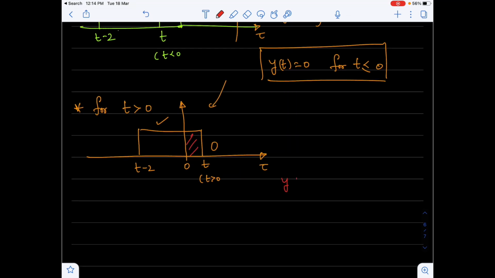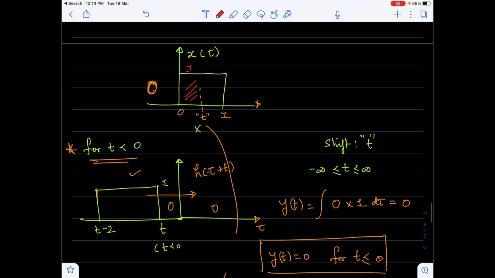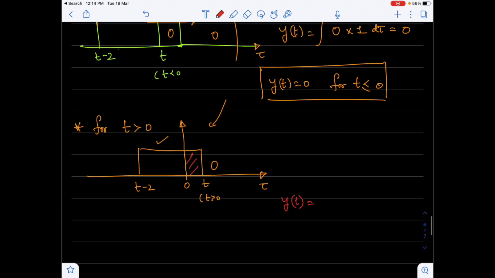So y of t will be equal to the amplitude here, it is 1, so x of tau is 1, multiplied with the amplitude here, which is also 1, so 1 multiplied with 1 d tau, and the integration limit changes from 0 to t.